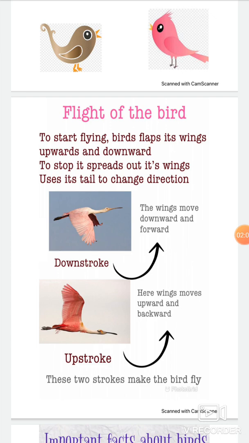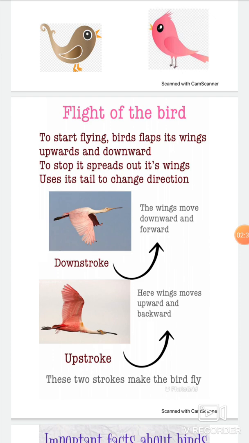To start flying, a bird jumps into the air. Like we jump into the water, they jump in the air, and then the bird flaps its wings. Flap means to move up and down, to push itself upwards and forward.